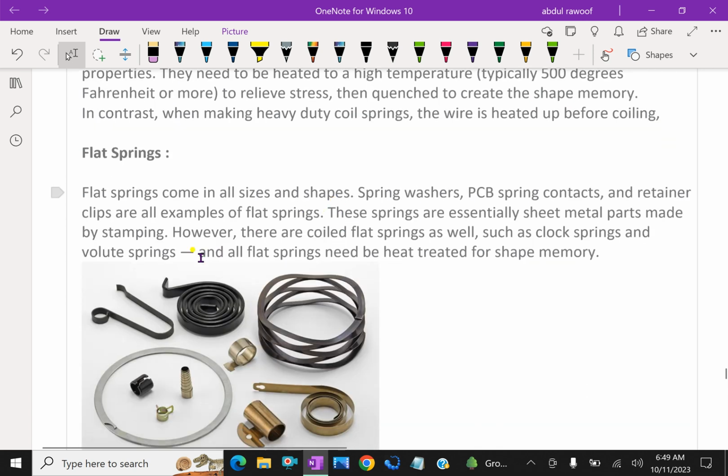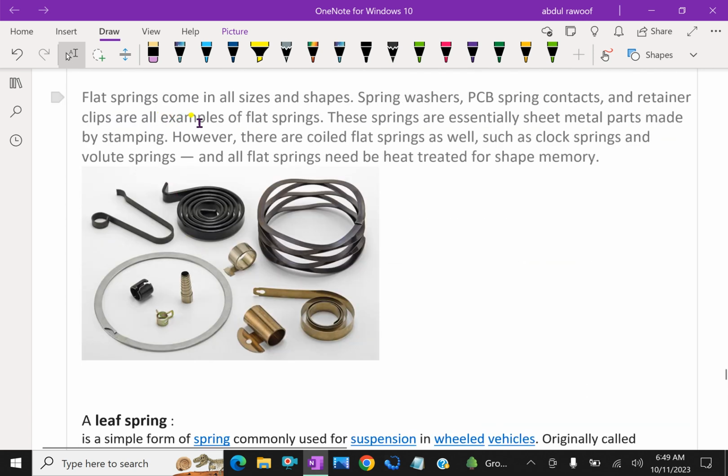Flat springs. Flat springs come in all sizes and shapes. Spring washers, PCB spring contacts, and retainer clips are all examples of flat springs. These springs are essentially sheet metal parts made by stamping.